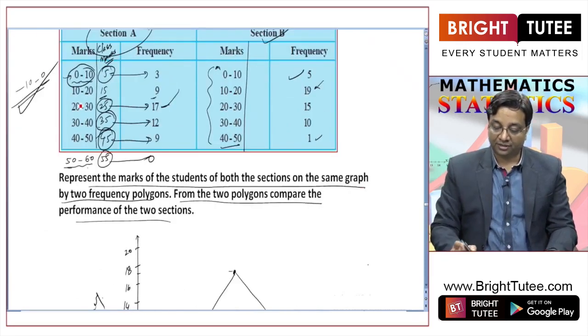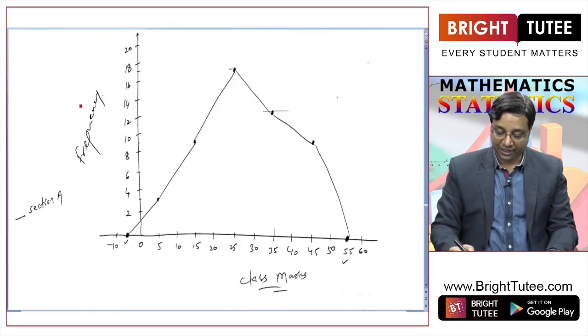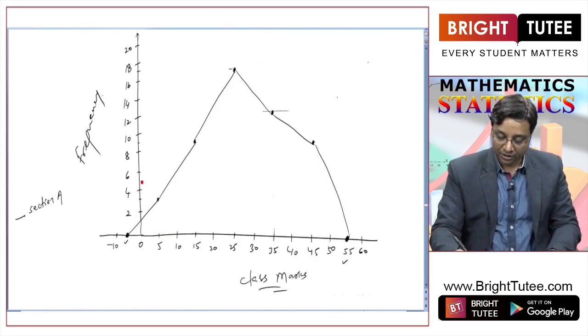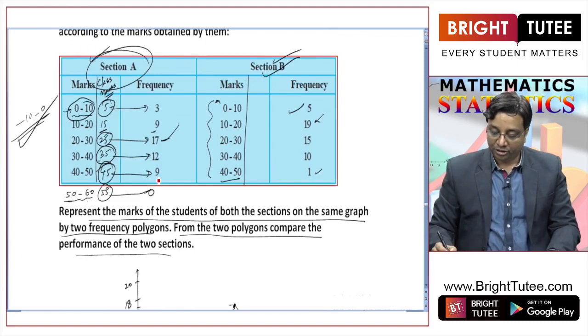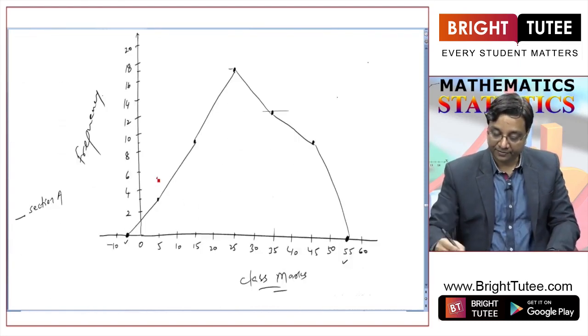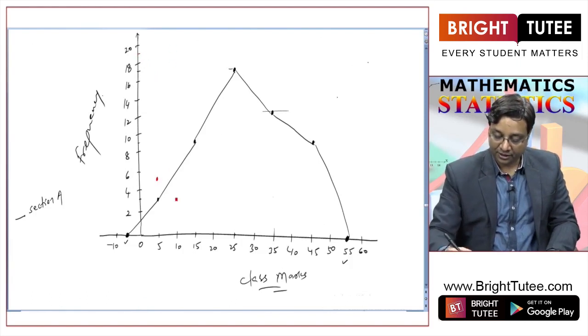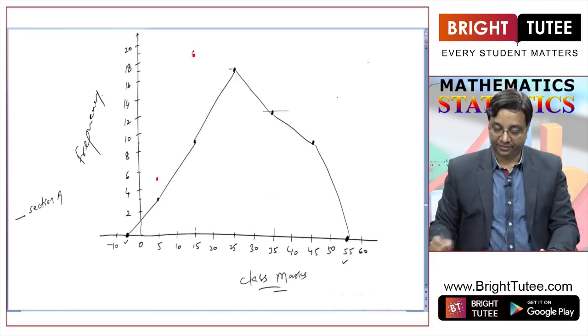So corresponding to class mark 5, we have got frequency 5 this time. So this will be somewhere here. This will be the point. Okay. Corresponding to class mark 15, we have got frequency 19, which will be here. So corresponding to 15, we will have the point here. 15, 19.